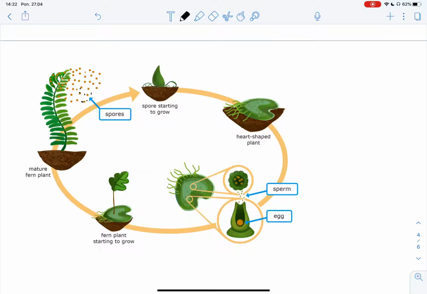The spore then falls on the ground and immediately starts to germinate, kiełkuje. Once the spore germinates, it doesn't grow straight to the point where it's a tiny fern, but from this spore, a heart-shaped plant is growing, and this is called protalium.